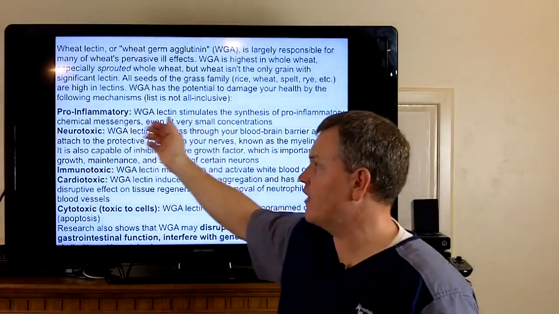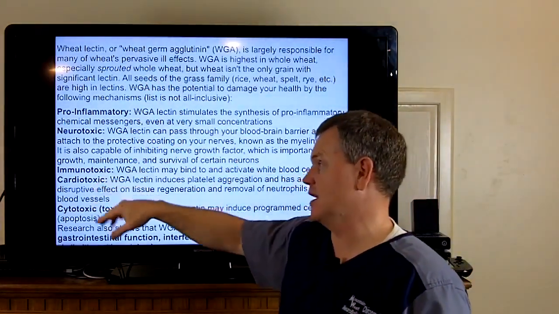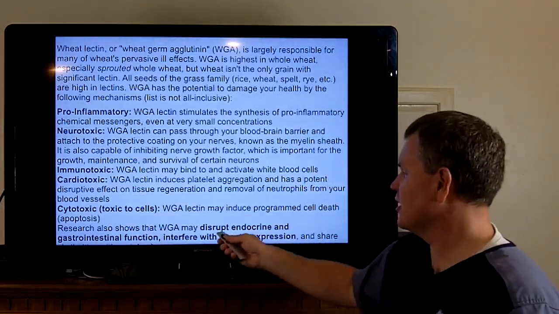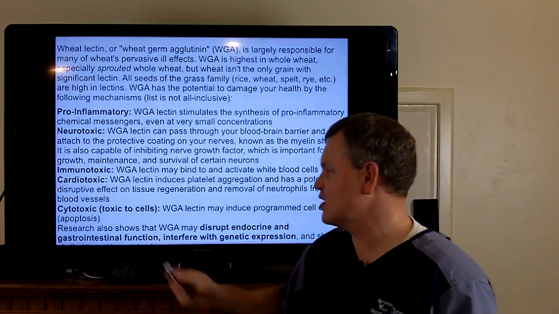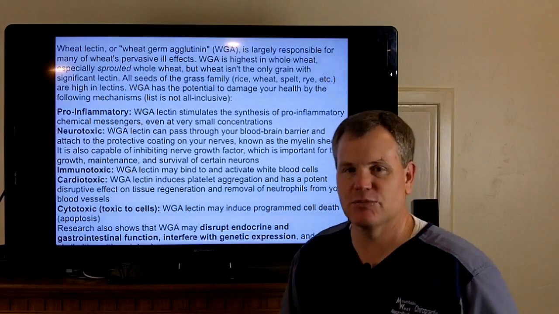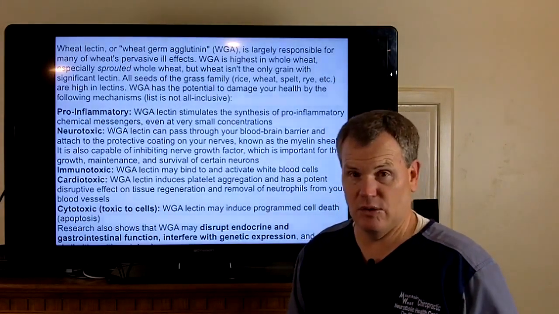Gluten can be very pro-inflammatory. It can be a neurotoxin. It can be immunotoxic, cardiotoxic, cytotoxic. It affects and disrupts the endocrine and gastrointestinal function, interfering with genetic expression. That's all just in the gluten molecule.